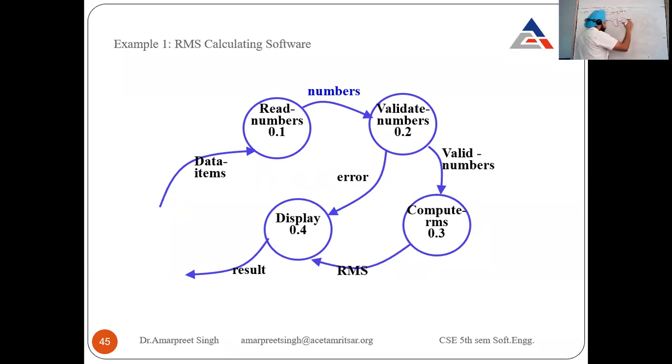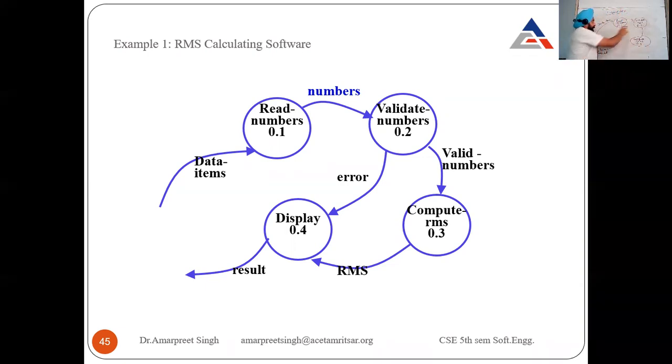Then at the same level, the second sub function: once the numbers are read, we have to validate the numbers. Validating the numbers means we have to see that the numbers are between minus 1000 and plus 1000. Then after validating the numbers, we will compute the root mean square, which is 0.3.